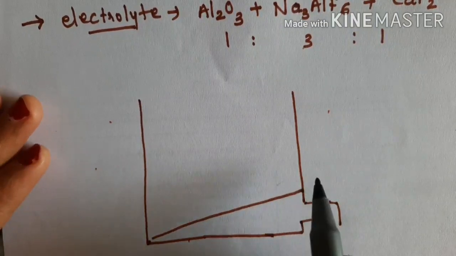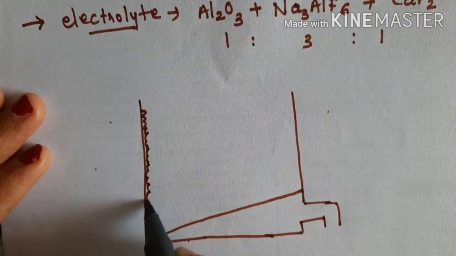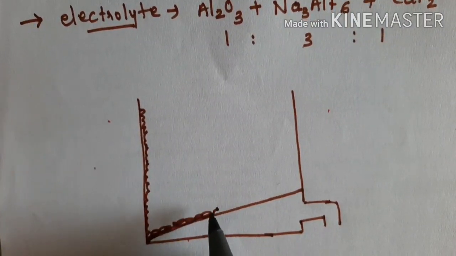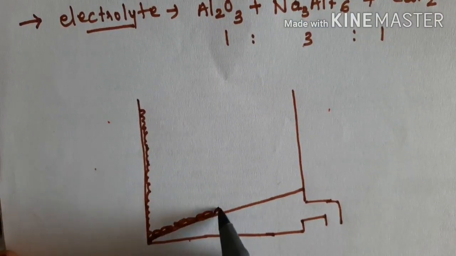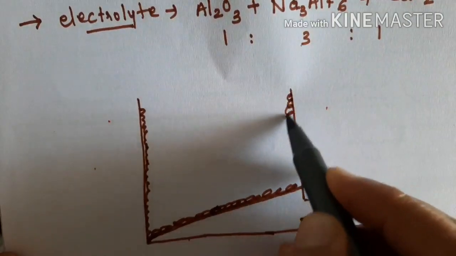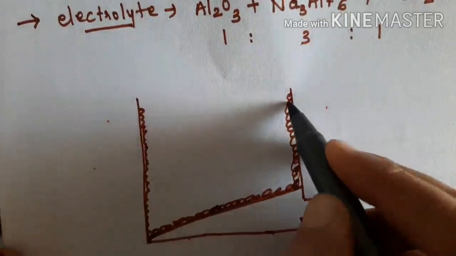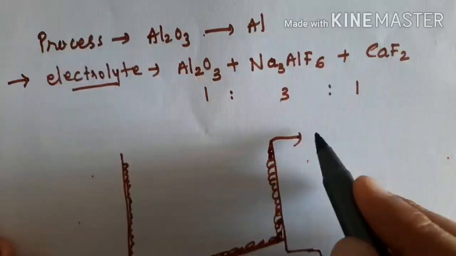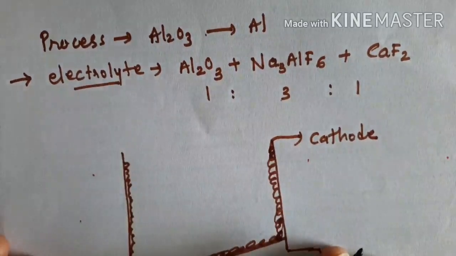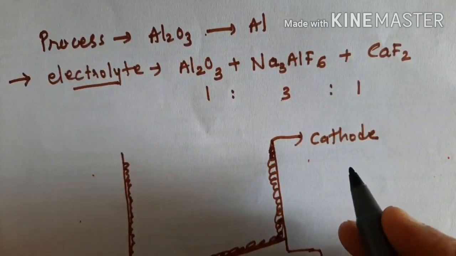Inside the tank the layer is made of graphite, or carbon. This inner side behaves as the cathode. Remember this first.